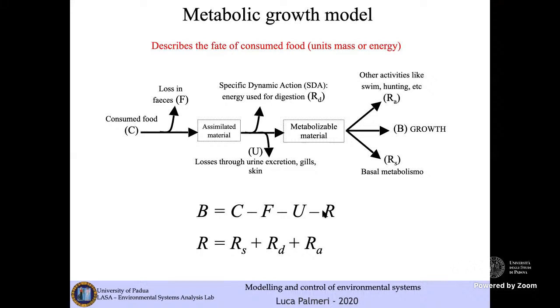So you see what we have done here? By the application of a continuity equation, or energy conservation principle, this is the first model in which we balance, we write anabolism, so the fish grows as a function of the consumed food and of the consumed energy due to the living processes.